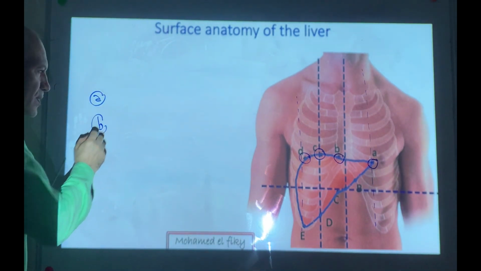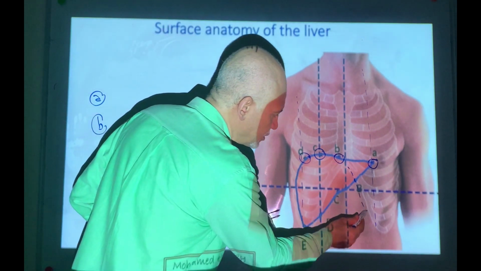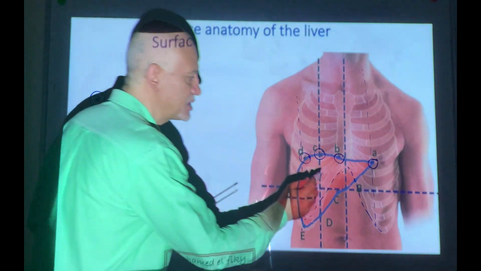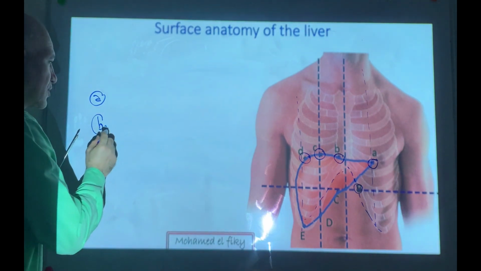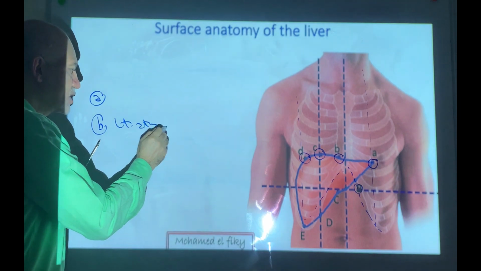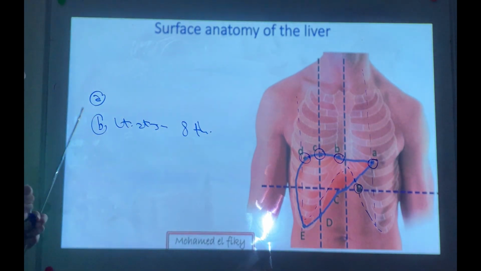Point B is at the costal margin. This is the left costal margin, and this is the right costal margin. Point B is at the left costal margin, at the junction with rib number 8, the costal cartilage.